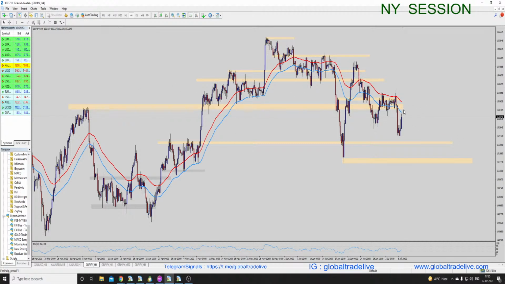Once it gets tapped that area, it can continue moving down, and a big move will be coming after that, right? Like this move over here. So this kind of move will be coming after that, which also suits the symmetry.